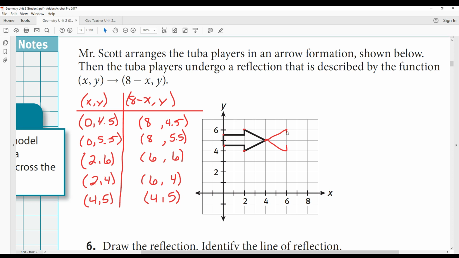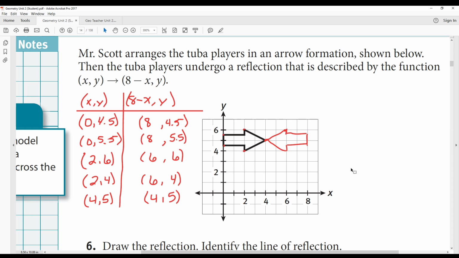It looks like it goes about halfway. So I'm going about halfway. And then the ends of the arrow right here are located at over 8, up 4.5, and at 8, 5.5. So that makes the end of the arrow.